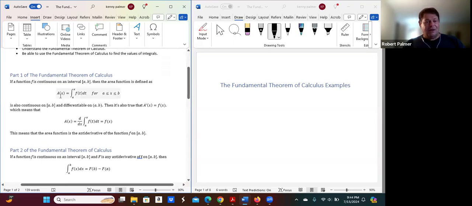The area function is the integral from a, the start of our interval, to some unknown point x, where x is any value between a and b, up to and including b, of the function f. Here we use t to integrate with instead of using x in two places. This is called a dummy variable.